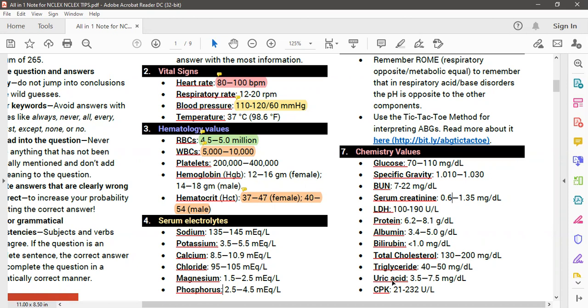Uric acid is normally 3.5 to 7.5 milligram per dl. And the last one here, CRP, C-reactive protein. Normal range is 21 to 232 unit per liter.